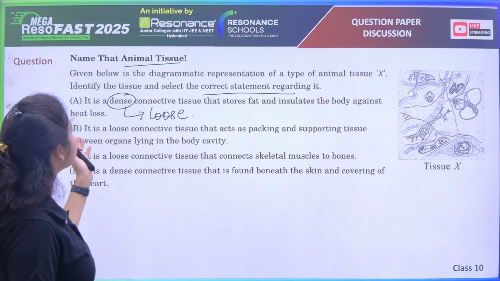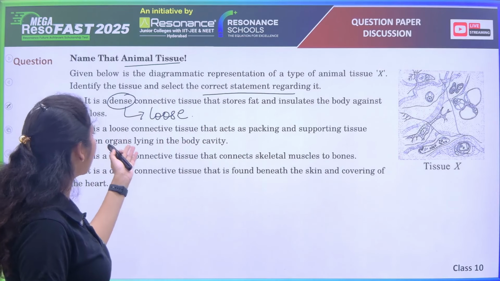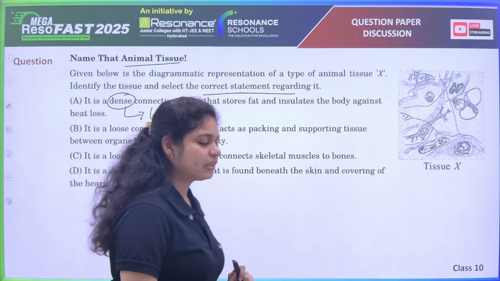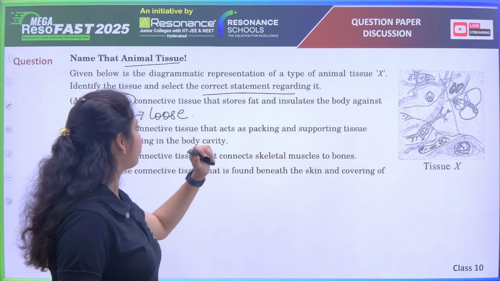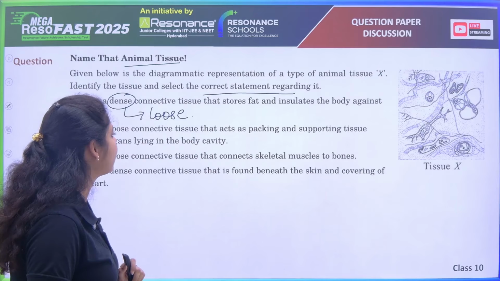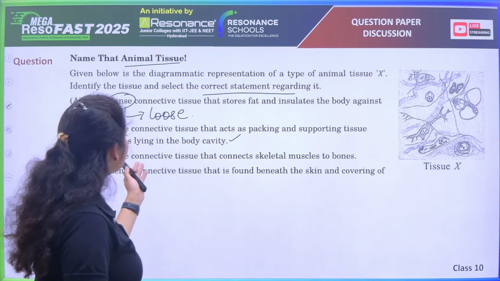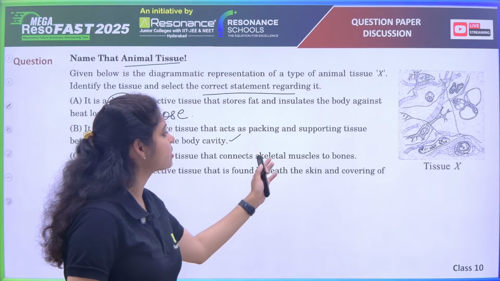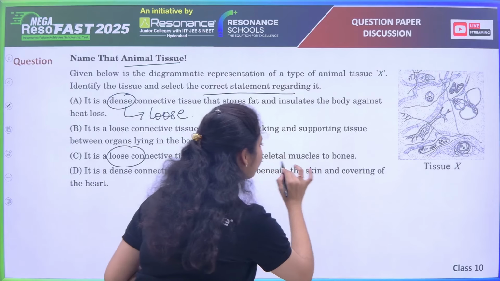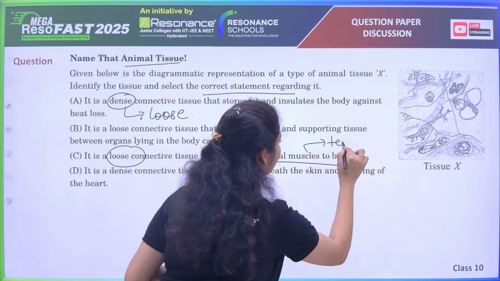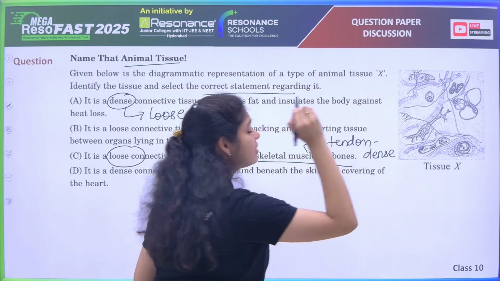Next option says it is a loose connective tissue that acts as packaging and supporting between the organs lying in the body cavity. Yes, it does help in the packaging and supporting tissue for the organs which are lying in the body cavity. So this would be a correct option. Next, it is a loose connective tissue that is connecting the skeletal muscles to bone. First thing, it is loose connective tissue, but the one which connects skeletal muscle to bone is called a tendon, and tendon is a dense connective tissue.